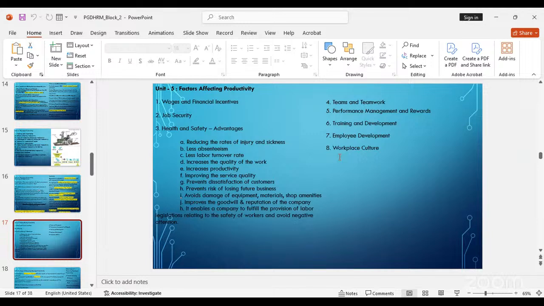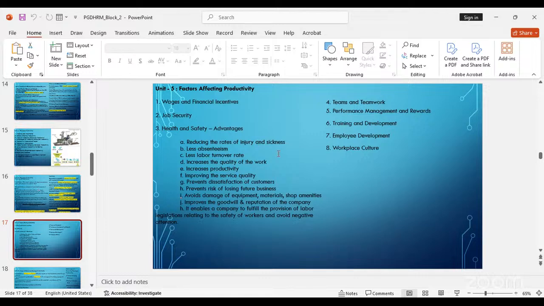All these are the factors which will enhance productivity. So measures have to be taken to address all these things. For example, reducing the rate of injuries and sickness, in terms of safety and health measures.